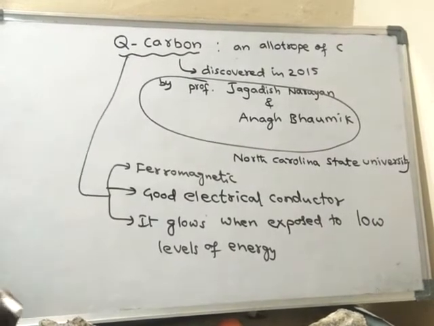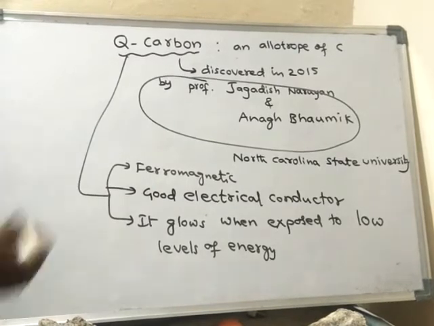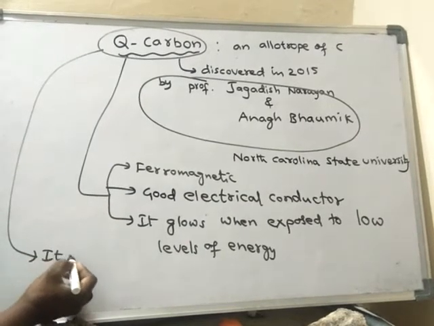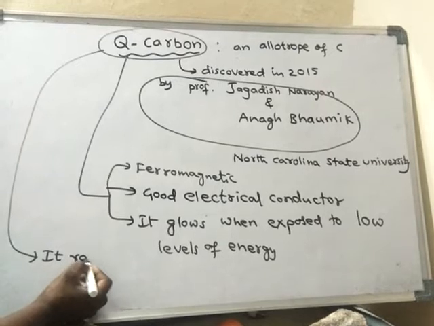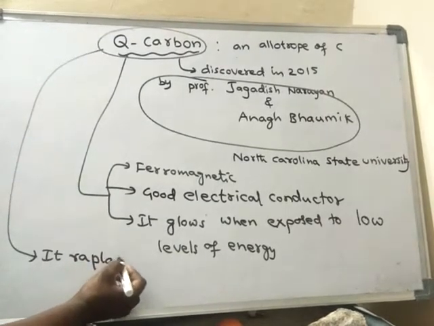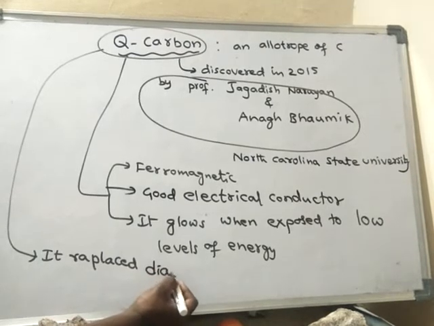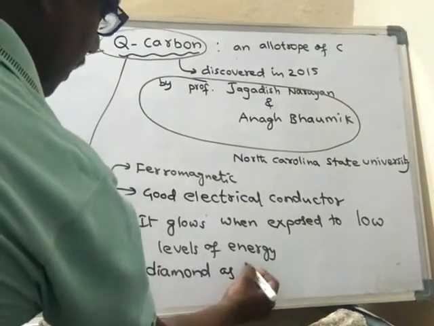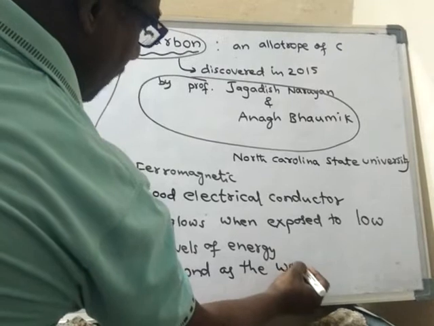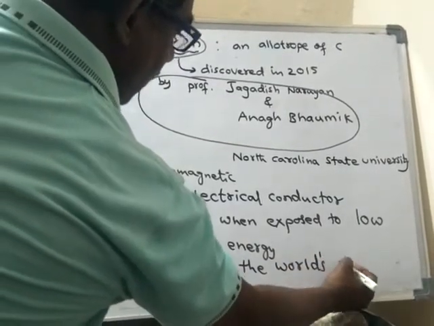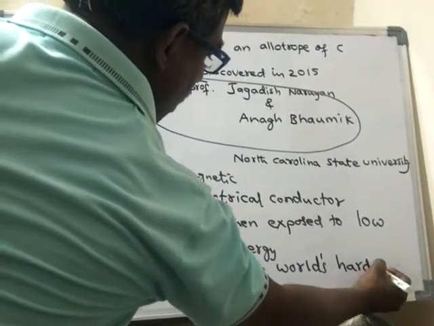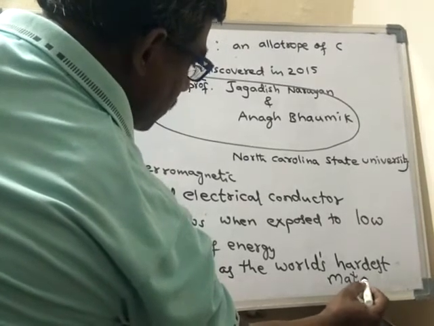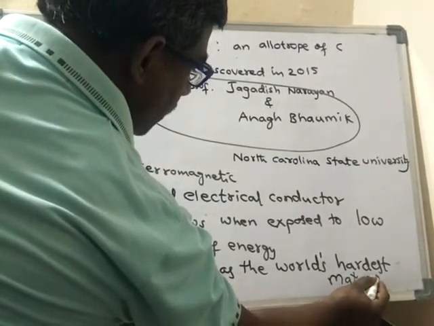See, Q carbon is the hardest material. It replaced diamond as the world's hardest material.